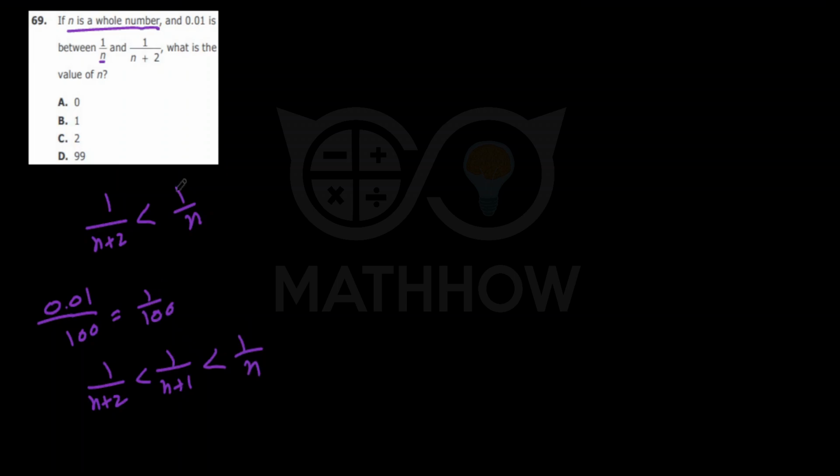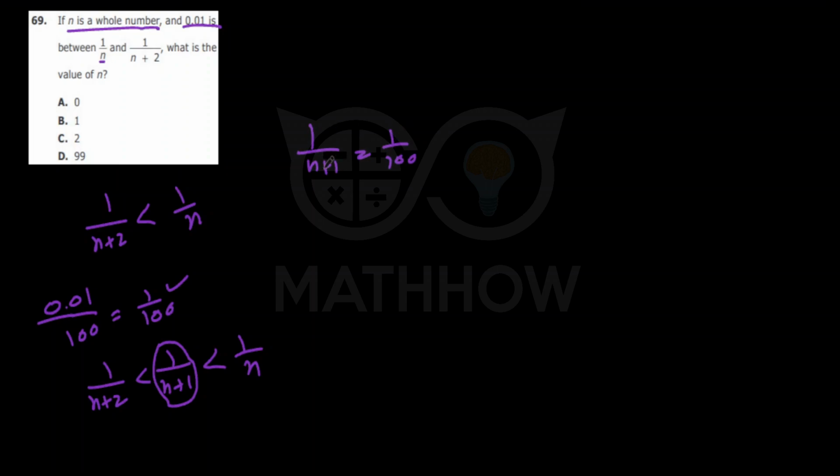Now, the question has already mentioned that 0.01 is in between, and n is also a whole number. So this fraction should be equal to this fraction. Equating these both fractions, 1 over n plus 1 equals 1 over 100.